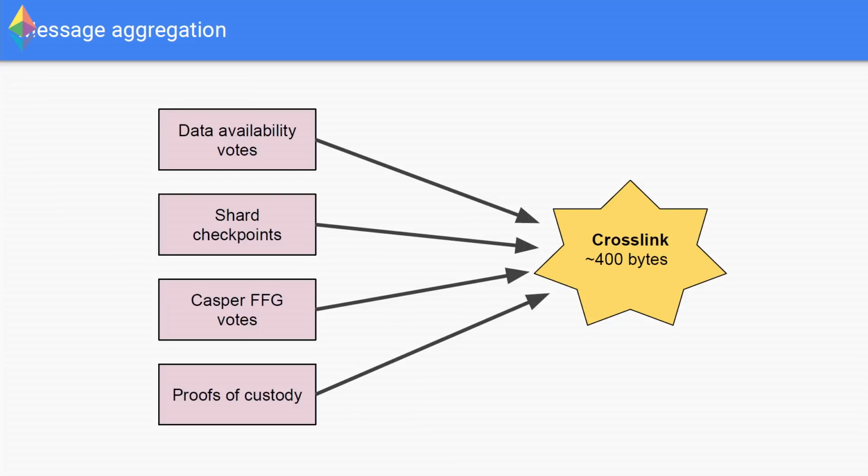A third thing that these crosslinks are used for is voting. If you vote for the availability of data in a specific shard, you're also making a Casper vote for the beacon chain. And finally, by having these one-bit proofs of custody, you can also include them in the crosslink.